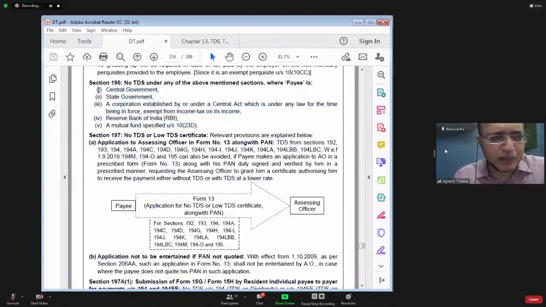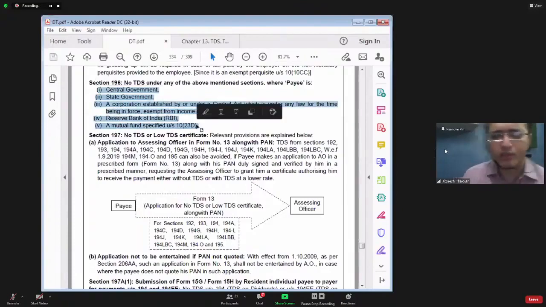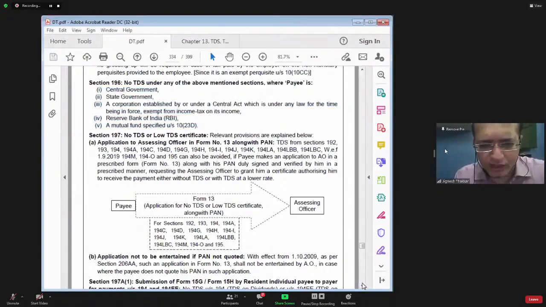So to these people, you have to make payment without deducting TDS. Is that very clear?